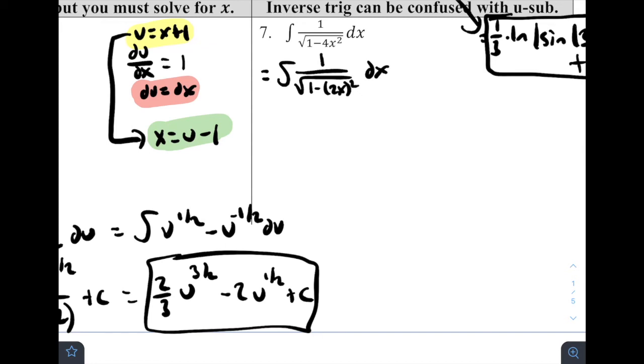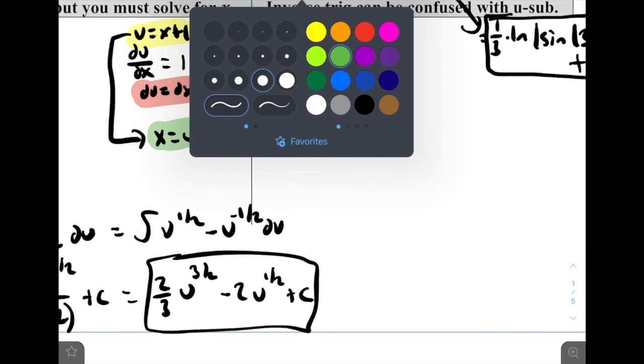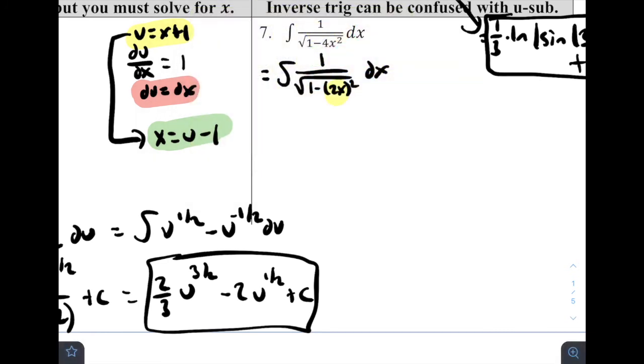In that case, 2x is just our inside here. So the inside part of this function is the 2x. That's the u. So u equals 2x, which means that du dx is equal to 2, which means that dx is equal to du over 2.